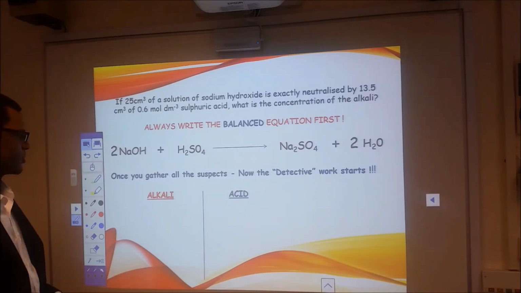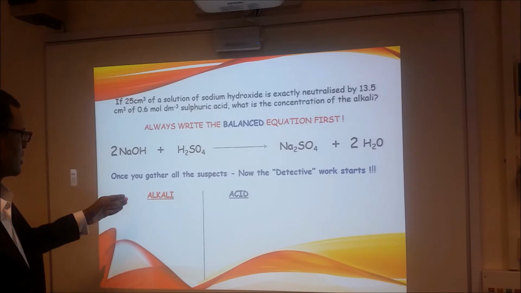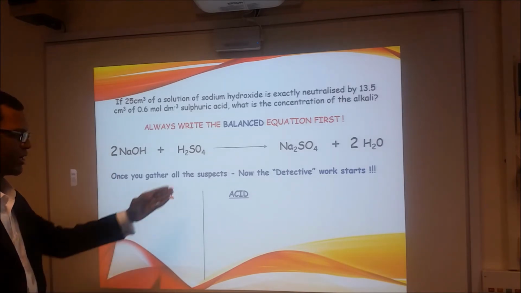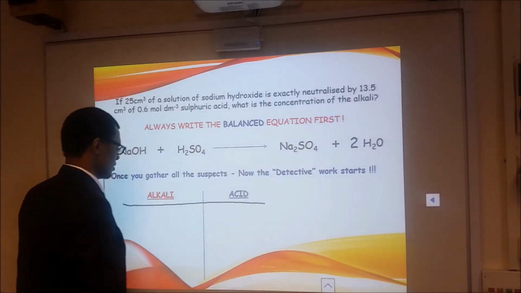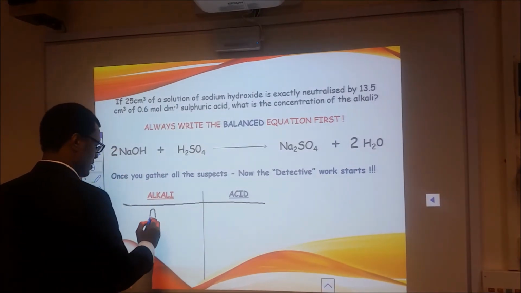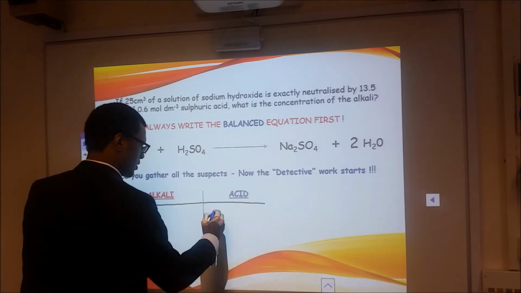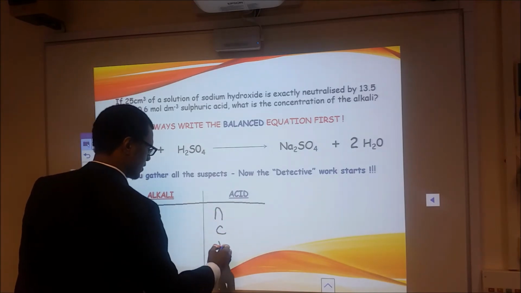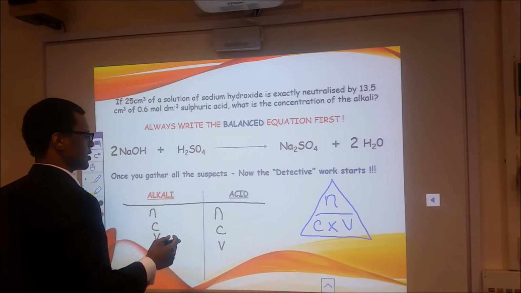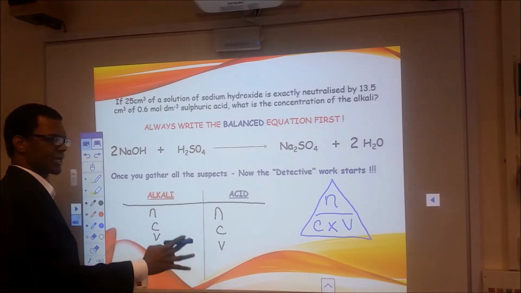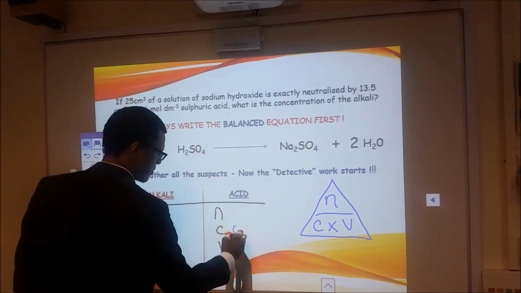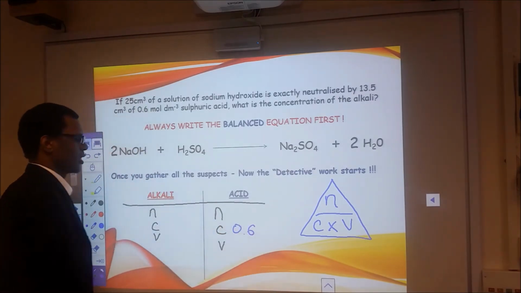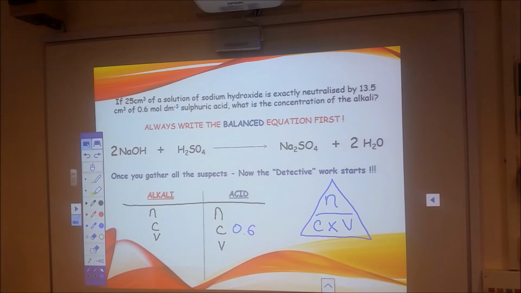Once you've done that, you should draw a table. Underneath the alkali, put alkali. Underneath the acid, put acid. Then afterwards, you're just going to write N, C, V. From this, we can see that sulfuric acid is 0.6 moles per decimeters cubed. So I'm going to write just the number 0.6. Volume is going to be in decimeters cubed.